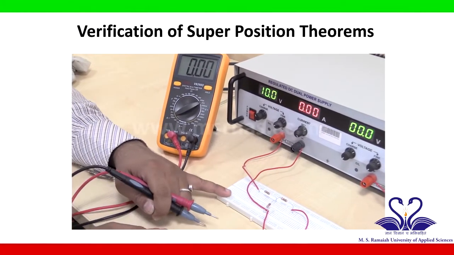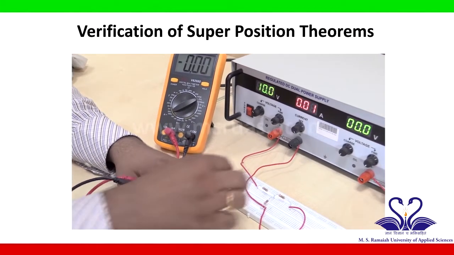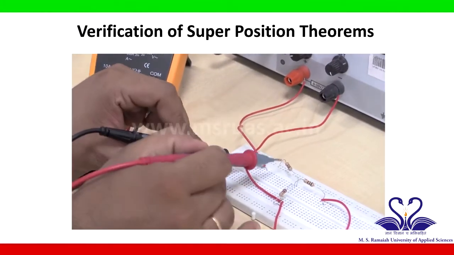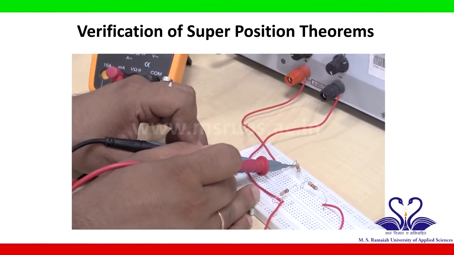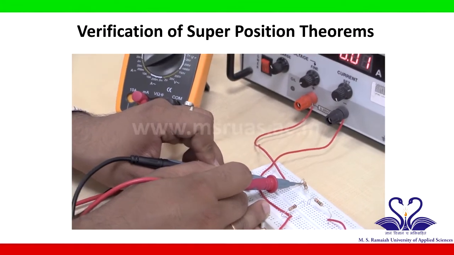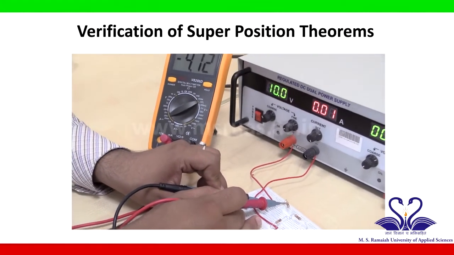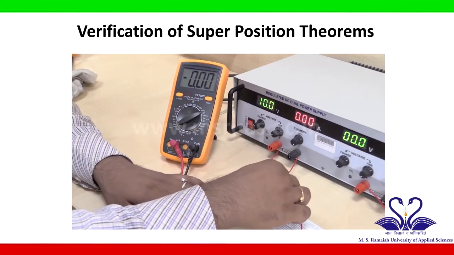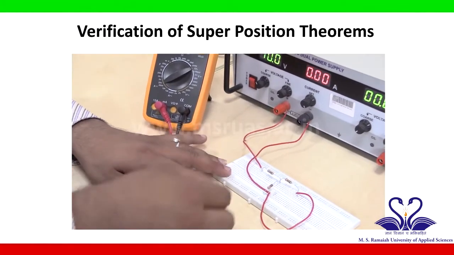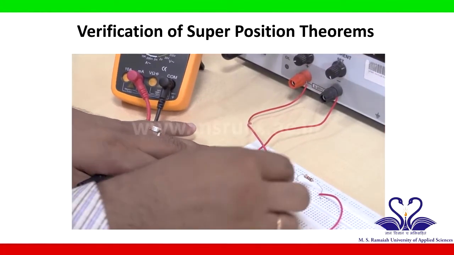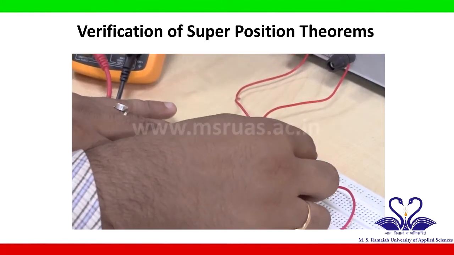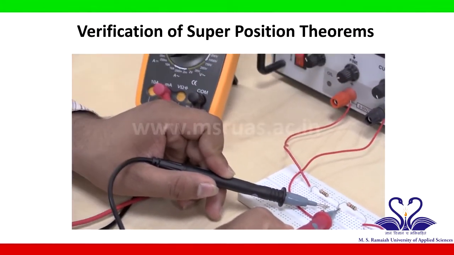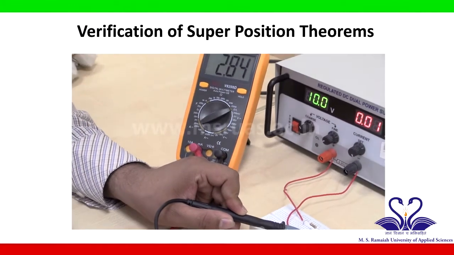Let us measure the current flowing through resistor R1. The value of I1 is 4.72 milliamps. The current flowing through resistor R2 is 2.84 milliamps.